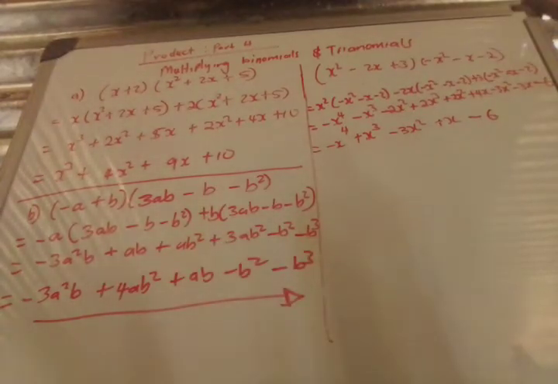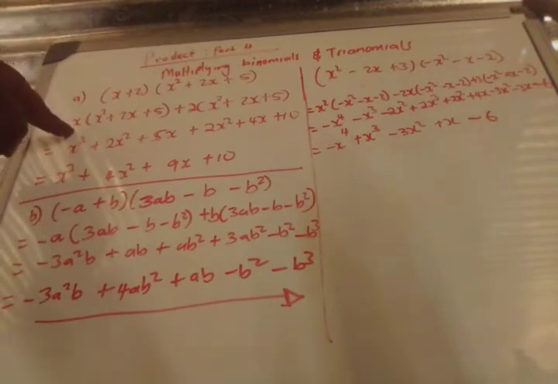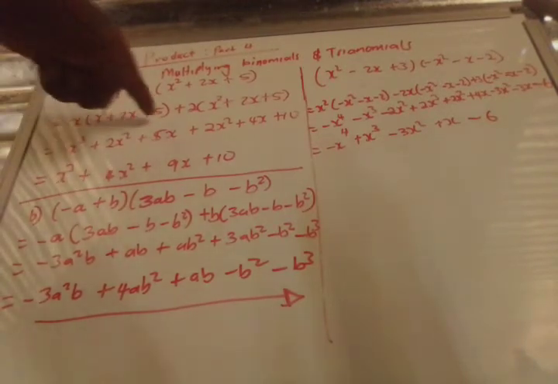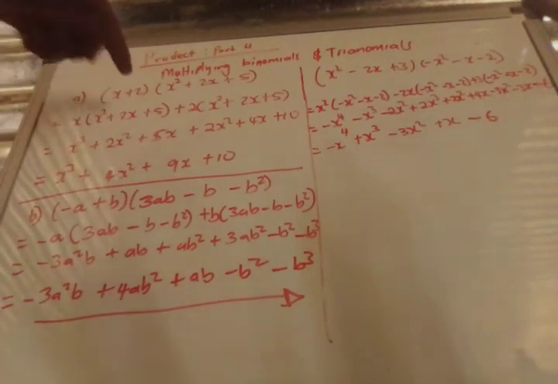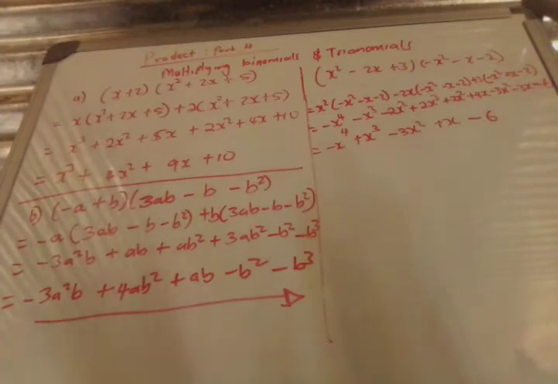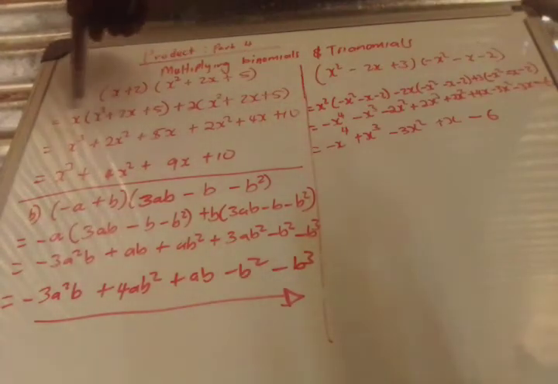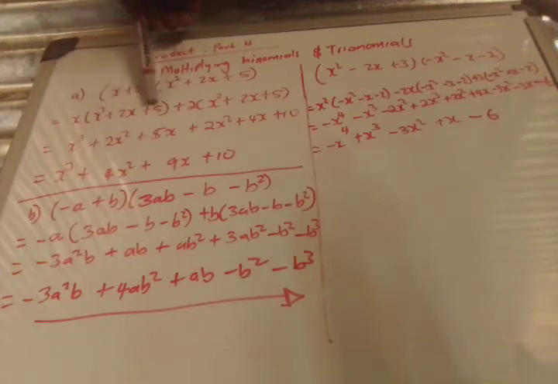So you just put the x from the binomial outside, and in front of it put the trinomial, and take the second term of the binomial with its sign, which is +2, put it down and put the trinomial in front of it, and multiply like we did in the previous videos. x times x squared is x cubed, x times 2x is 2x squared, x times 5 is 5x.